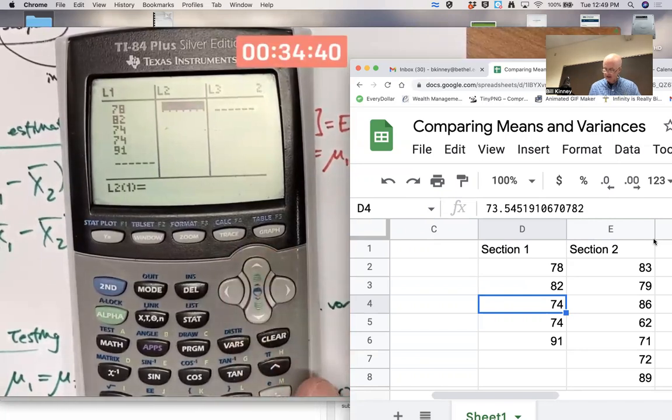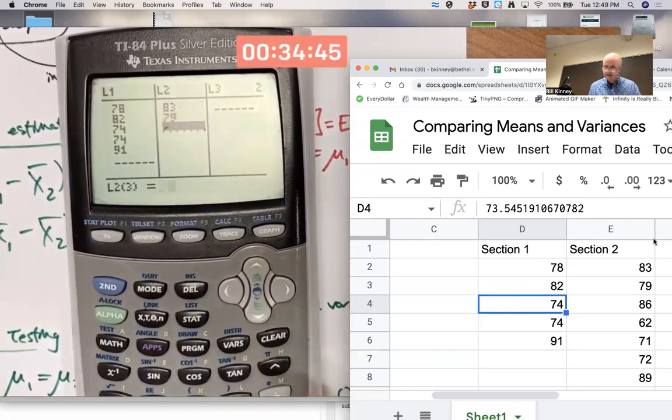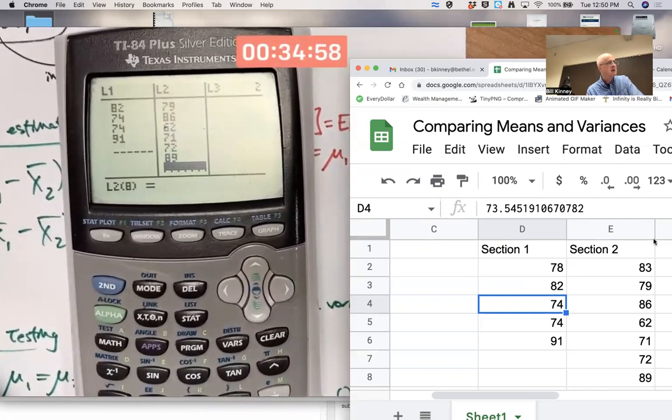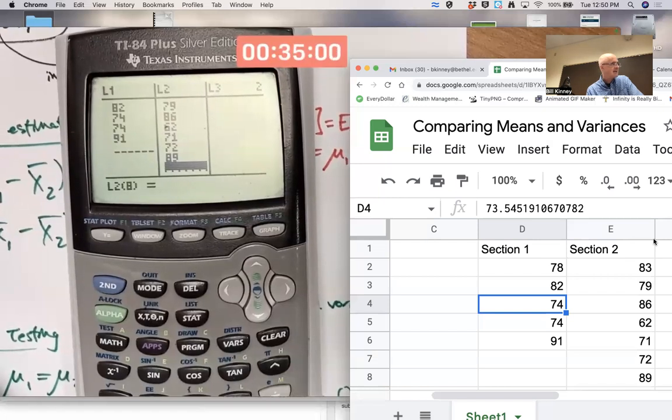List 2 is 83, 79, 86, 62, 71, 72, 89. Again, mu1 in reality is 80, mu2 is 82. Does that mean x1 bar is going to be less than x2 bar? Not necessarily.